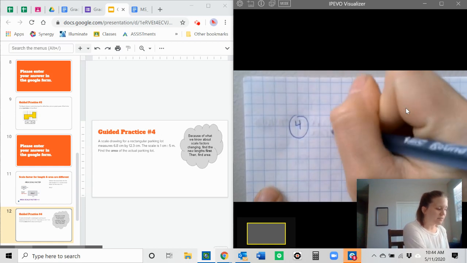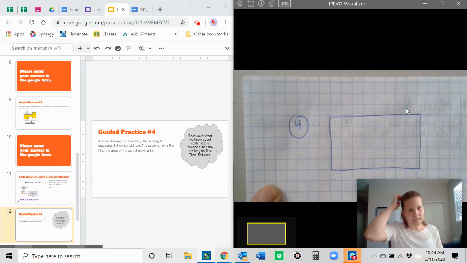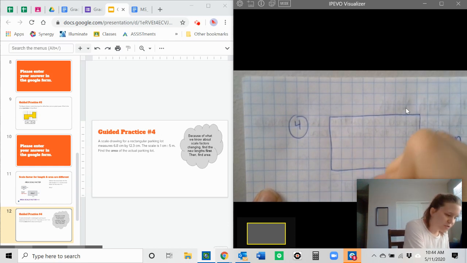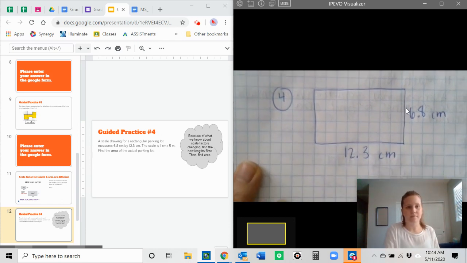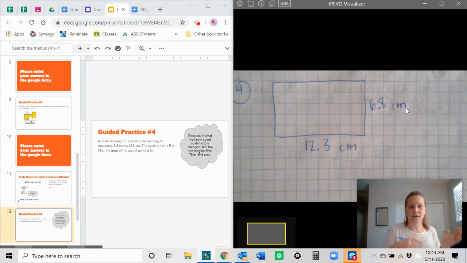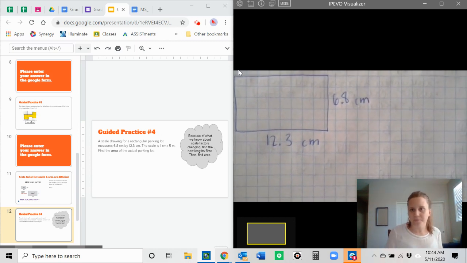And let's draw a picture. It says it's a rectangular parking lot. It says that the shorter side is 6.8 centimeters, and the longer side is 12.3 centimeters. Okay, and we're going to be converting it into the actual parking lot. I don't know what the dimensions are yet, but let's set up a ratio table.